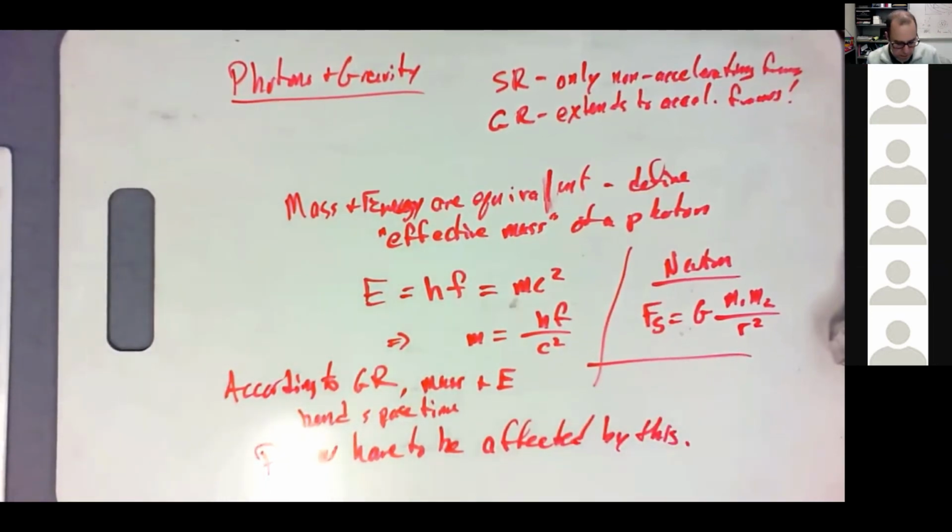This was one of the major predictions of Einstein's general relativity theory when he published it in the mid 19-teens. And it was one of the first tests that was made because he realized that this could be tested.